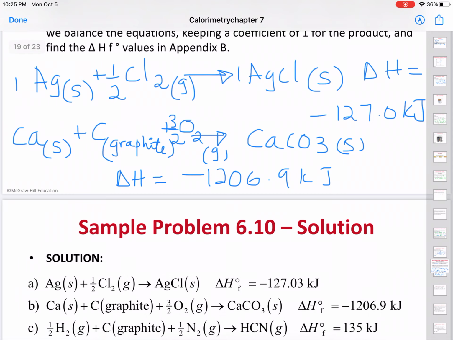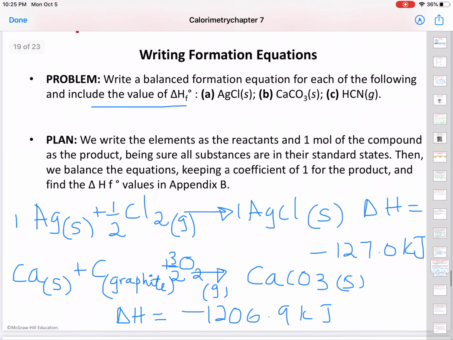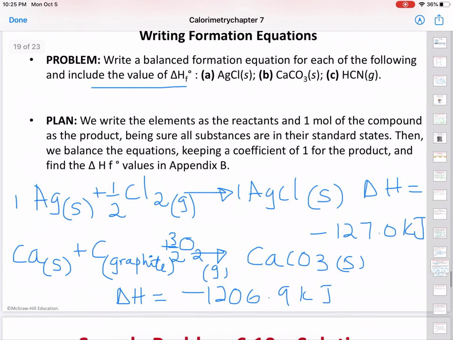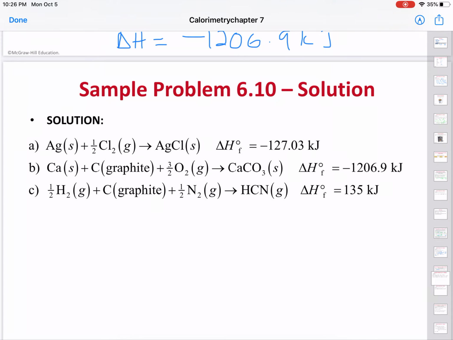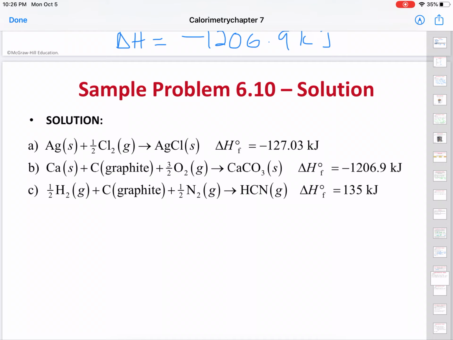And then the last one that you need to write the formation equation for is HCN, hydrogen cyanide. How do you form hydrogen cyanide? It's also given here. Hydrogen cyanide will be formed from hydrogen, carbon, and nitrogen. Hydrogen exists as a diatomic molecule gas, so H2 gas, carbon graphite, nitrogen gas. And it needs to be one hydrogen, one carbon, one nitrogen. But hydrogen does exist as H2, so you need to put half H2.